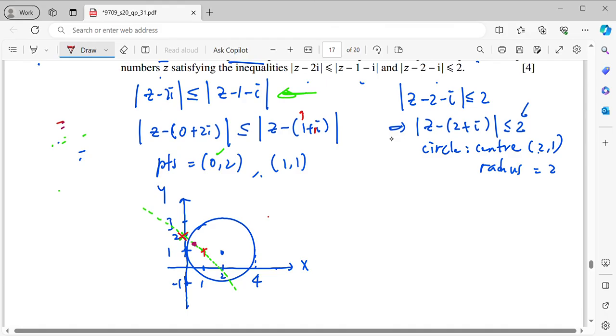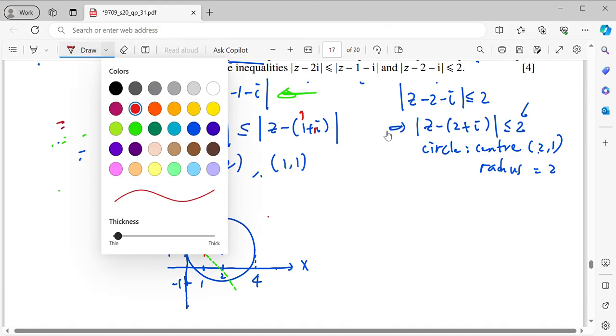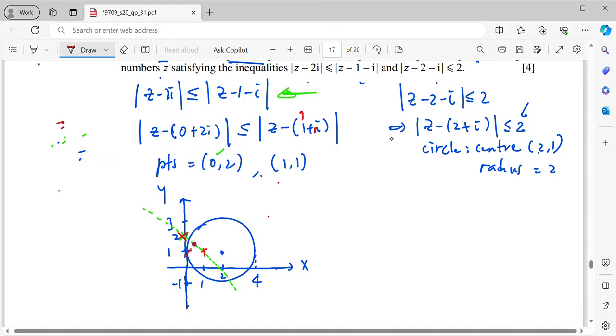Then you just draw the perpendicular bisector. Right, so this is your modulus z minus 2i equals to modulus z minus 1 minus i.